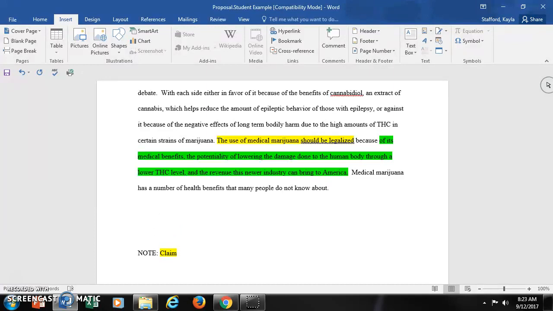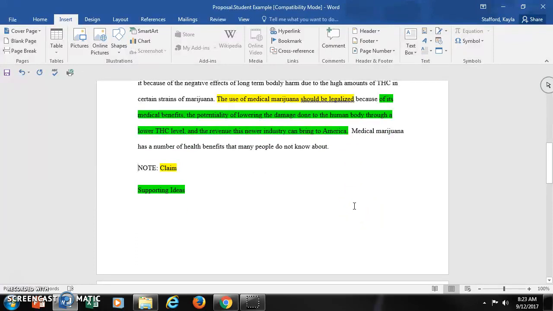And then begin writing the actual essay. Now note, this is just your proposal, and your proposal is really just your introduction of your research essay. However, adding this transitional sentence is an easy way to lead your audience into your next idea.